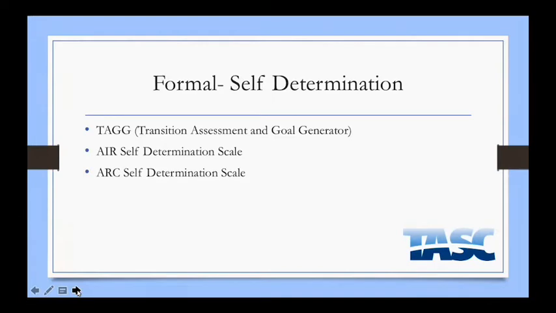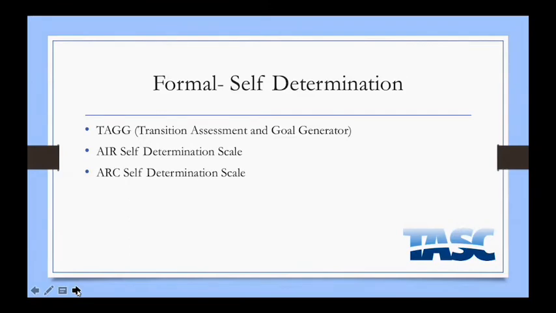And some of those components include goal setting, problem solving, self-advocacy, self-evaluation. And those are really important job skills, independent living skills. Really you have to have self-determination skills because that has a big impact on their post-school success.